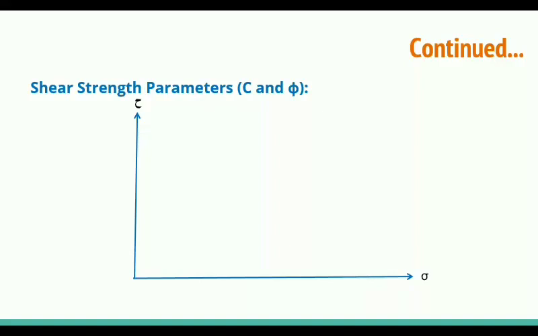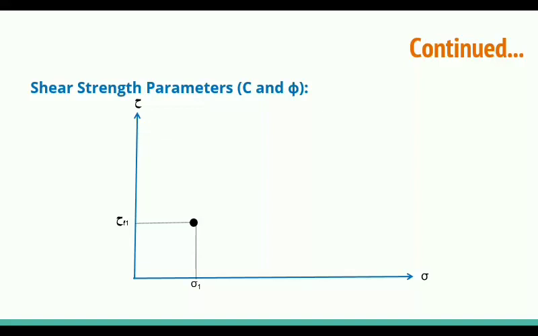In the apparatus we fix some normal stress, sigma 1, maybe 25 kN per meter square, and perform the test. We get failure of soil at shear stress tau F1, the shear stress at failure for the first sample.